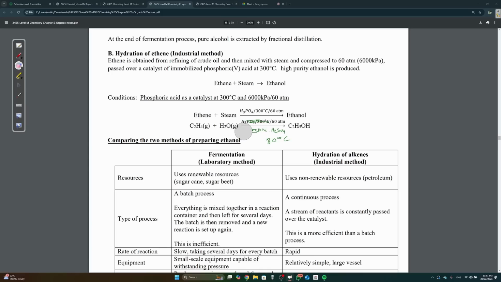Okay, so either H3PO4 at 300 degrees or concentrated H2SO4 at 80 degrees Celsius. But the one they usually ask for is this. So if you were to write one, write H3PO4 at 300 degrees Celsius at 60 atm, just in case they ask for the other one.